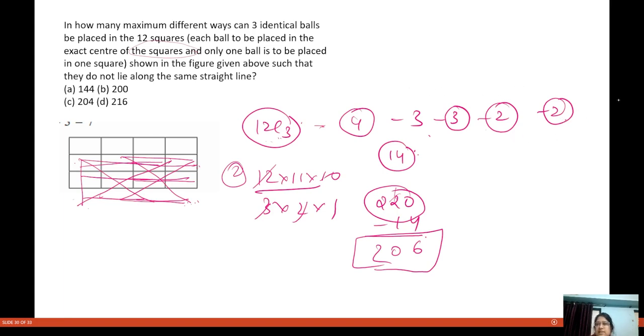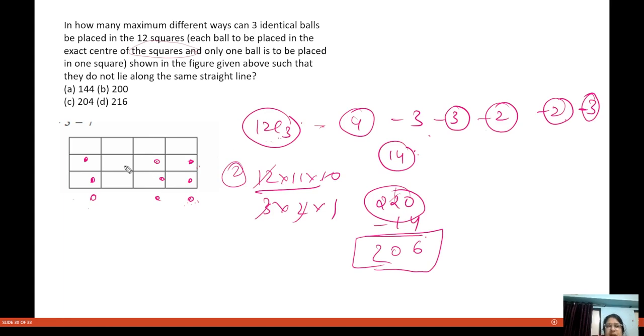See, there are two conditions that are being left here. If we are putting one ball here and one ball here, one ball here and one ball here, and one ball here and one ball here, these are the three conditions we have to eliminate.